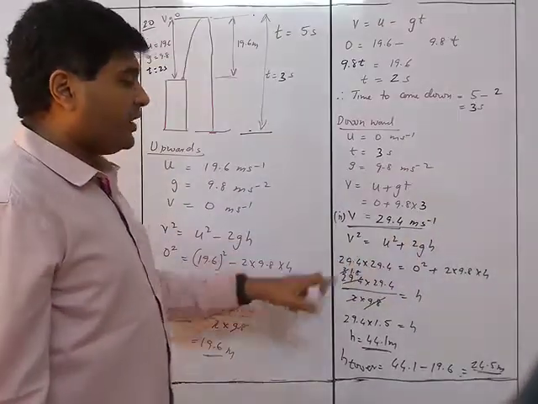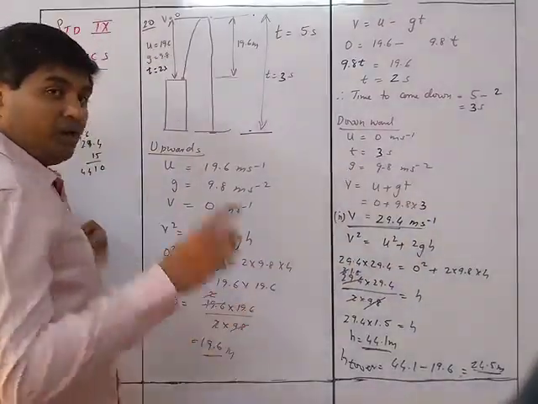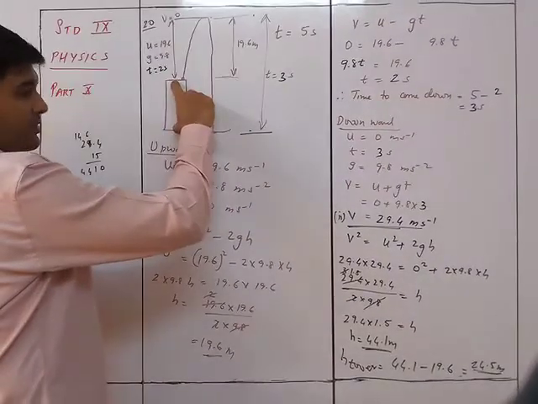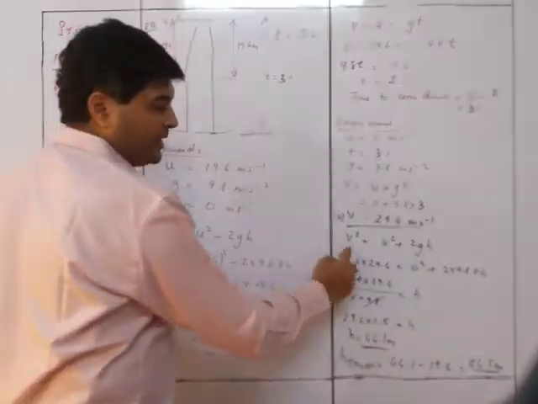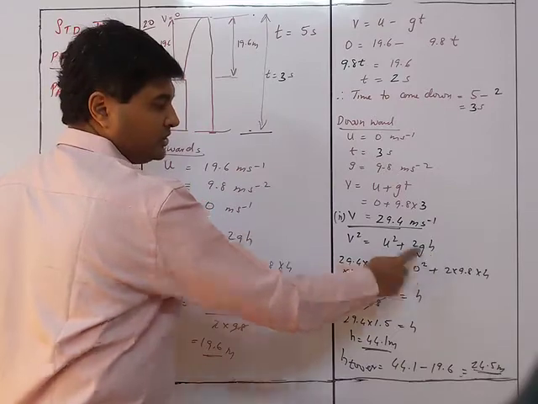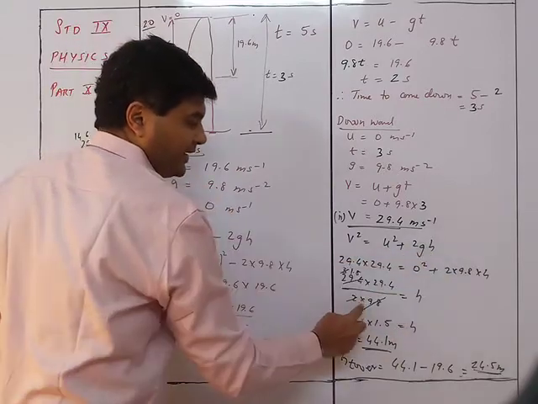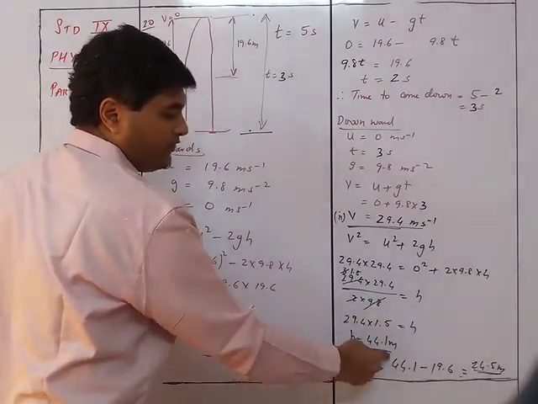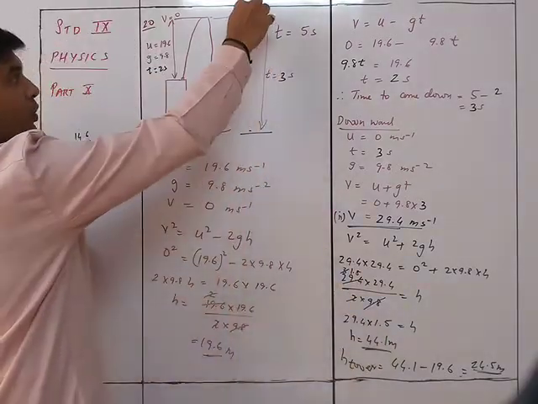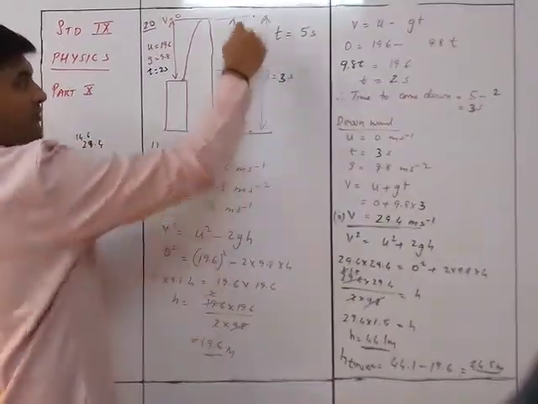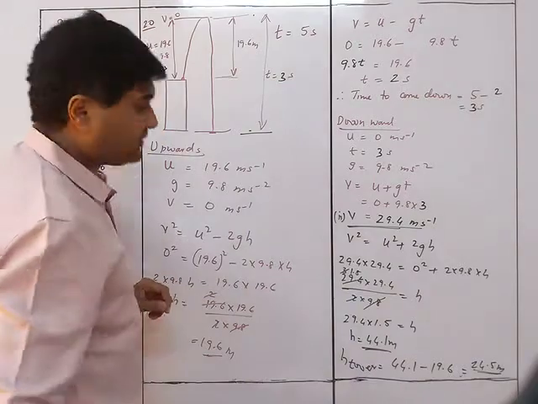I also need to find out the height of the tower. So for height of the tower, I got the formula v square is equal to u square plus 2gh. So here h is what I can find out, and I find out the h to be 44.1. Now because the total height from here to here is 44.1, right? So it is this way.